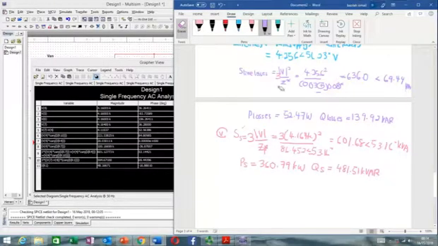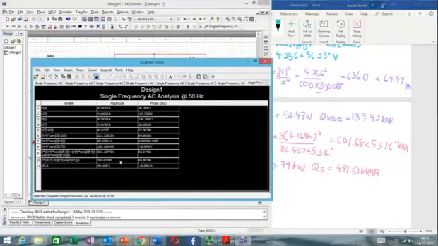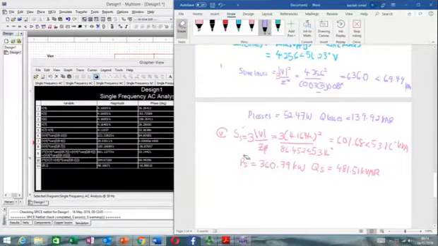So there is a slight error in the calculation maybe. And then you can do it for the supply.